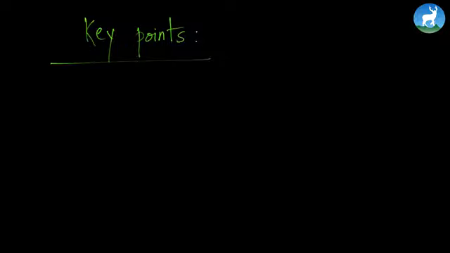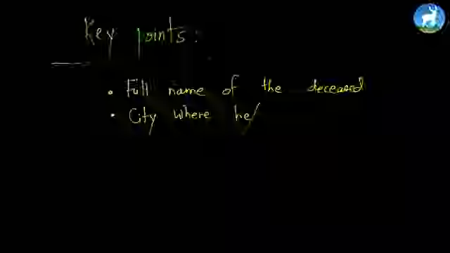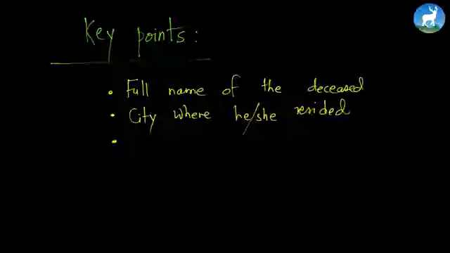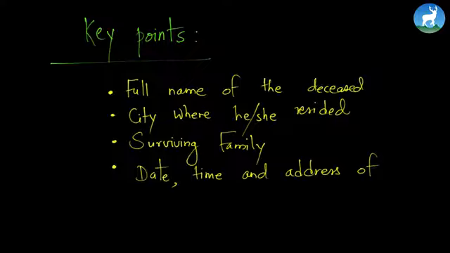So here are some key points that one needs to follow while writing death obituary, right? While writing death notice. So first you need to write the full name of the deceased. Then you need to write the city where he or she resided. Then you need to write about surviving family. You then need to write about date, time, and address of memorial service.